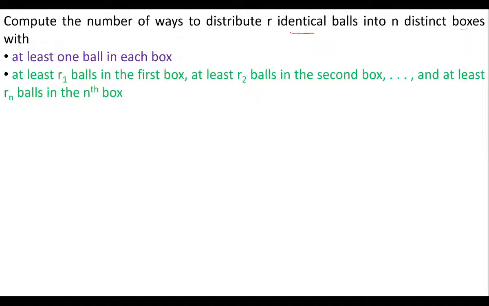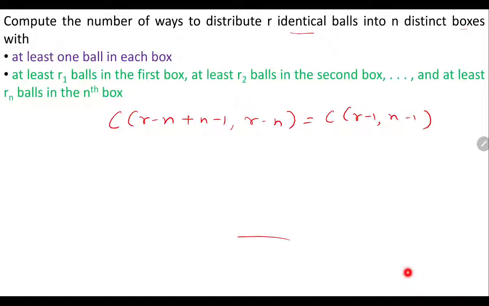Think over it: there are n boxes, each box has one ball, so the remaining balls are R minus n. So R minus n are to be distributed in n boxes, so C(R minus n plus n minus 1, R minus n). Yes, if you simplify it, this is equal to C(R minus 1, n minus 1).